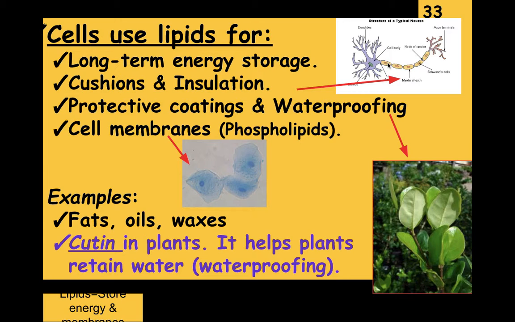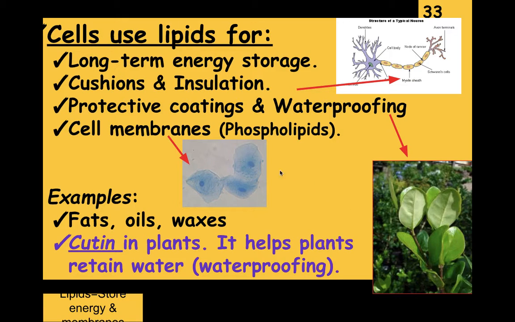The conducting material, the axon here, this long, thin, thread-like structure in the middle, is covered with a fatty covering called the myelin sheath, and it insulates the electrical charge that flows through the axon. We'll look at that more later in the second semester. It also provides coatings and waterproofing for various plants.